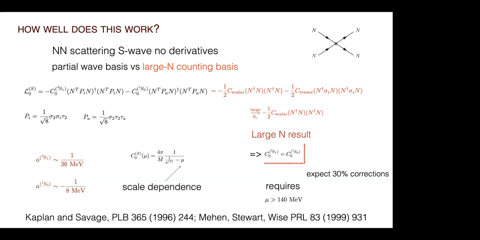And so mapping the scaling onto that would tell you that the scattering lengths of the triplet and the singlet are the same. That's what the large N result is. And clearly these scattering lengths are not the same. But this is not really telling you that the scattering lengths have to be the same. What it's telling you is that these LECs are the same at a given subtraction point.